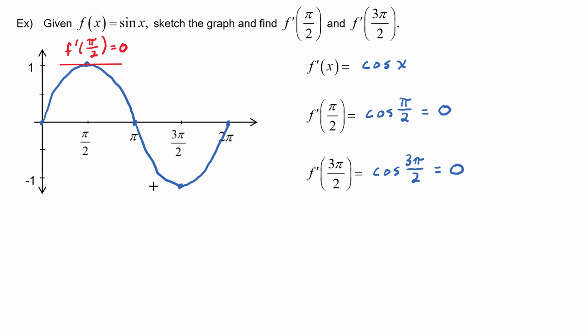The same is true at 3 pi over 2. The slope of that tangent is also 0. So f prime of 3 pi over 2 is equal to 0 there. Now we have to determine if f has any relative extreme values. And we can see right here, at this point, we could put an open interval around pi over 2.